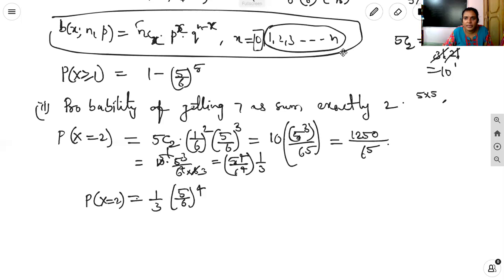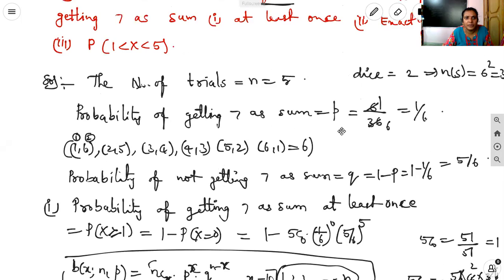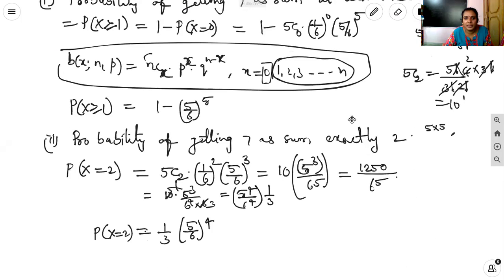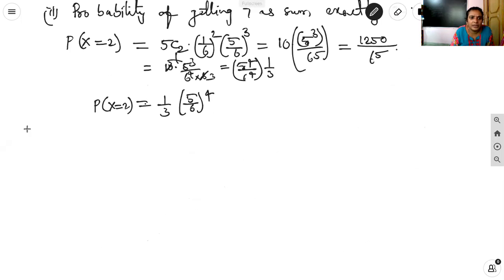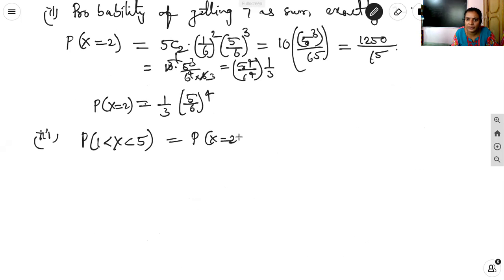Next, the third condition is P of 1 less than x less than 5. For the third one, we find the probability of the random variable in between 1 and 5. That is equal to the probability of x equal to 2 plus the probability of x equal to 3 plus the probability of x equal to 4.